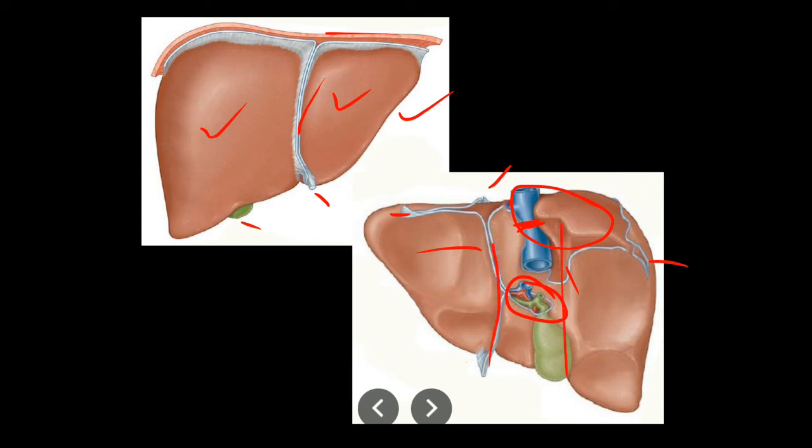In the bar of the H-shaped portion we have three structures, which we name the portal vein, hepatic proper artery, and the bile duct. And for this part here we have the inferior vena cava. Here we have the gallbladder, with its neck, body, and its duct, which we call the cystic duct.